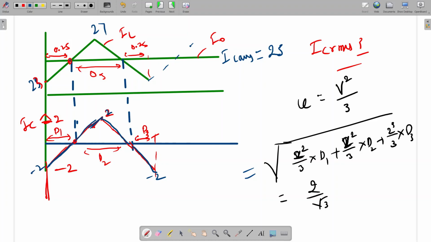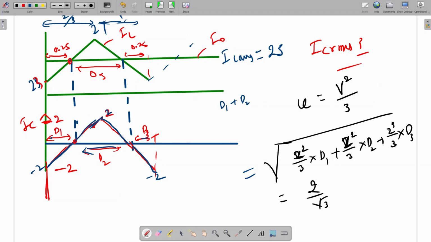So this is the charging time. This duty will be 2 by 3. And from here to here it will be 1 minus 2 by 3. Okay. These two sections will not be equal. But in the capacitor current, D1 plus D2 plus D3 should be equal to 1.